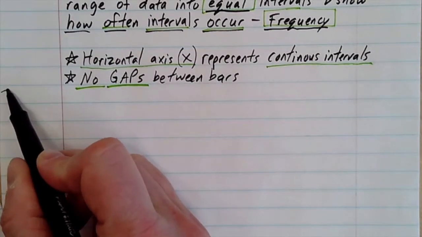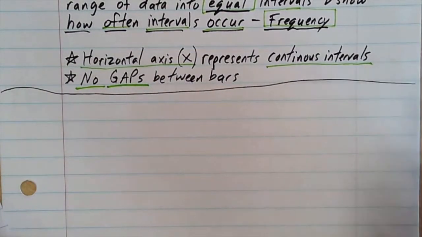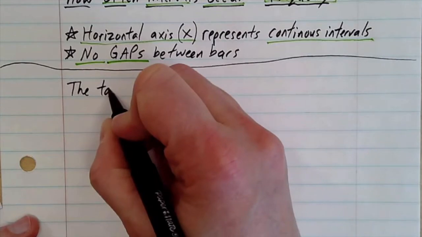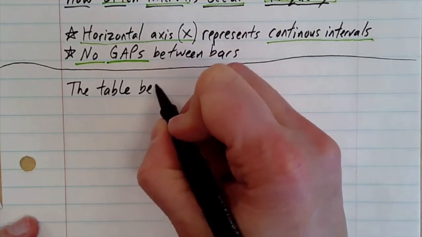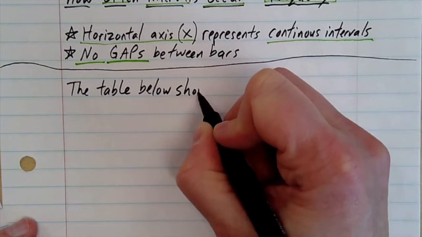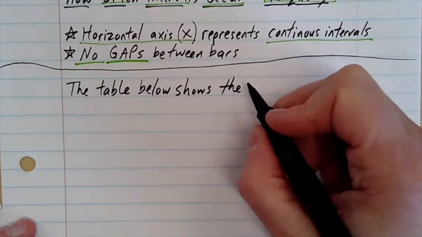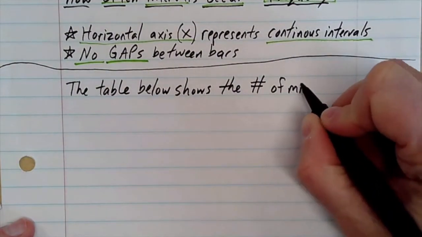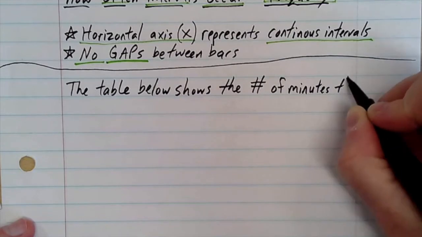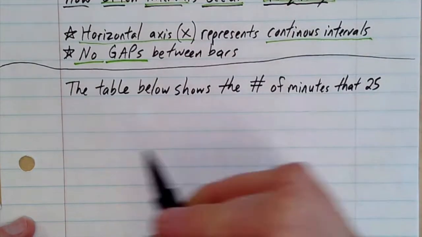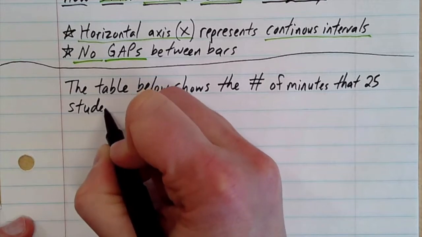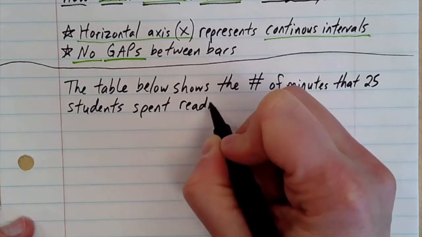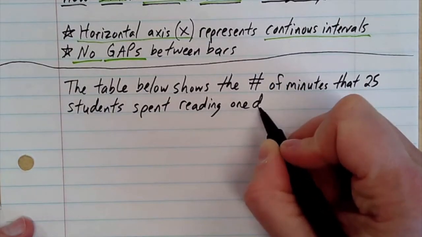Most histograms can also be represented with data in a table. So I'm going to make a table. The table below shows the number of minutes, and I'm going to abbreviate number as the number sign, number of minutes that 25 students spent reading one day.